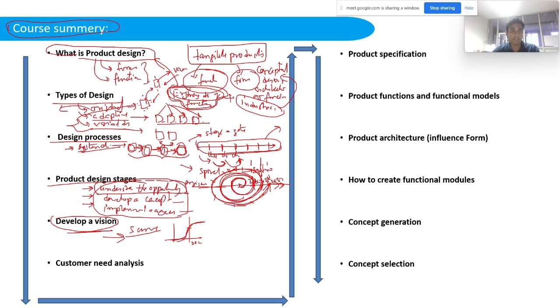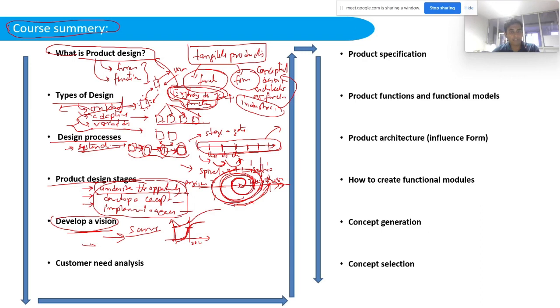Should you use an old technology which has reached maturity, or use something new which has not matured yet? Those decisions need to be considered while choosing a particular problem area. So this is what we discussed.